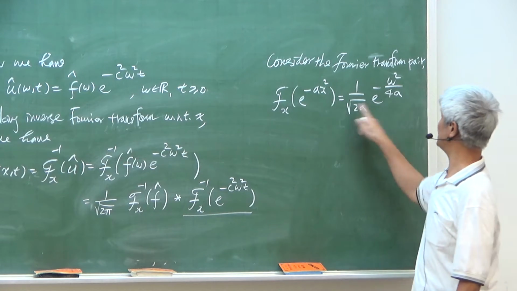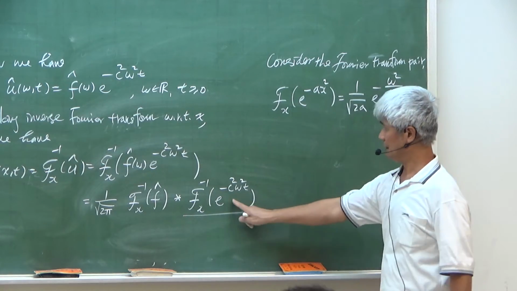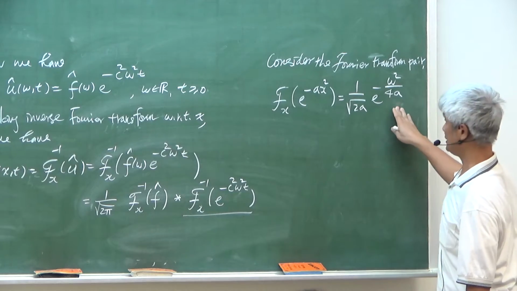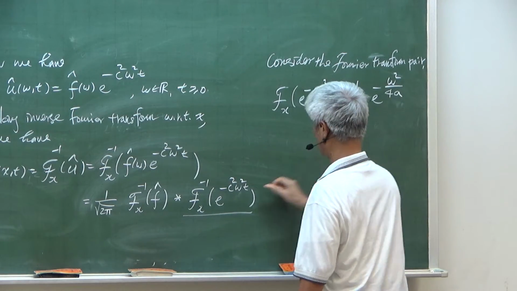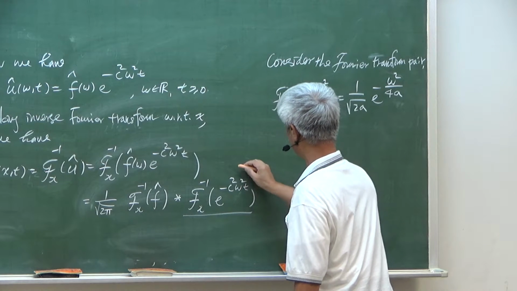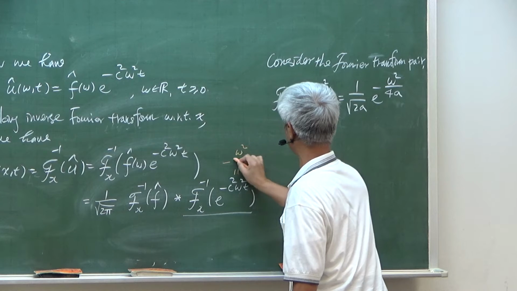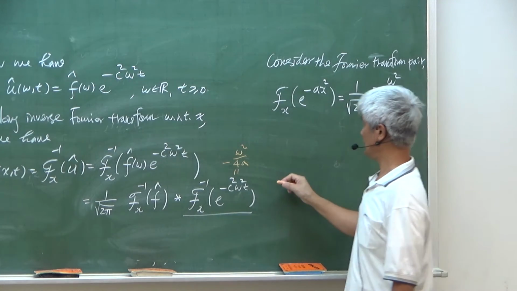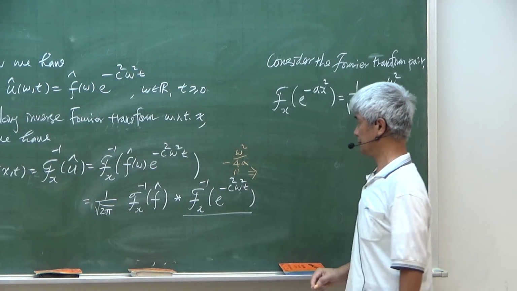Okay, so this is the Fourier transform, and so look at here. This is pretty much like this one. So when you compare, what you need to know is that you want this to be equal to minus omega square for a. So this implies what is a?